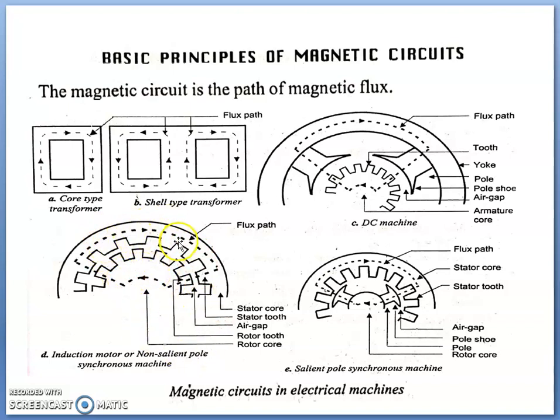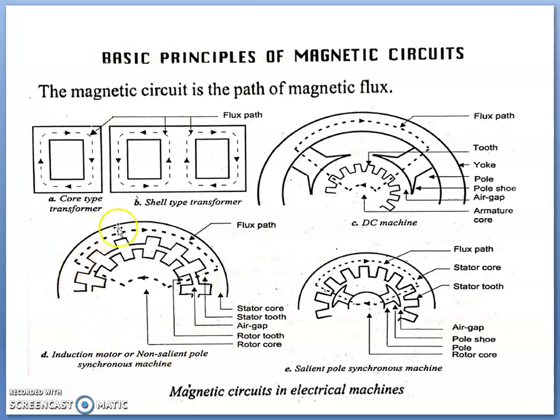Okay, a number of slots will be there. A certain number of slots will make a particular pole of a particular phase, because it is a three-phase machine. So 3 phases will be there. This machine may have 2 poles or it may have 4 poles. Depending upon the number of poles, the slots will be distributed throughout the entire periphery of the stator and rotor.